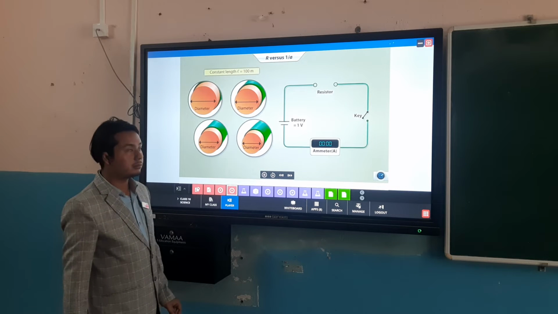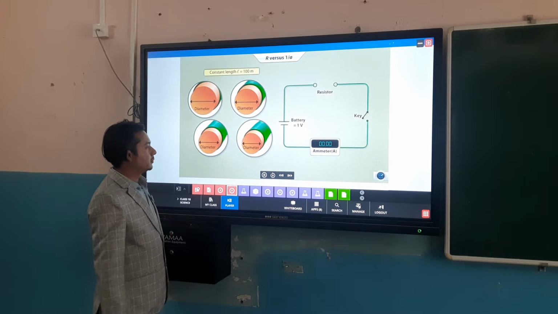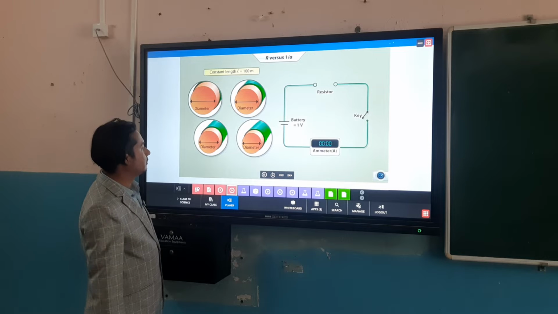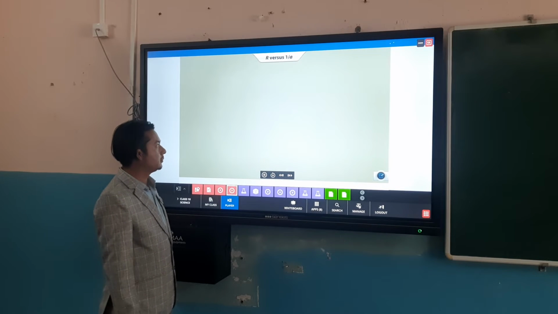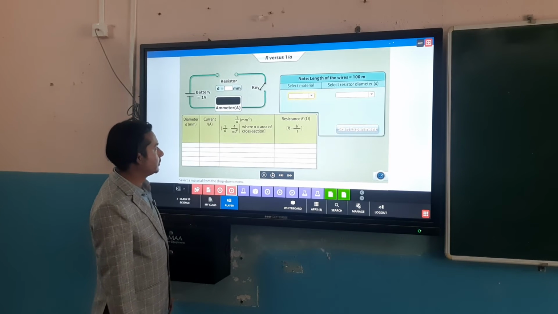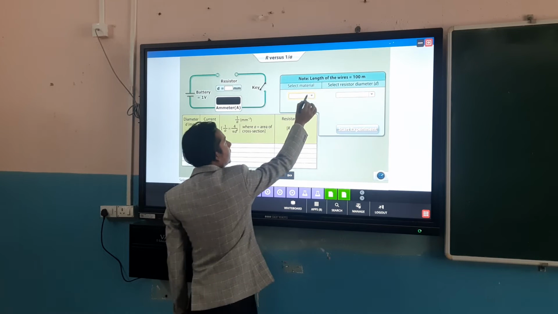In this experiment, the length of the wire will remain constant at 100 meters. First, select the material of the wire.